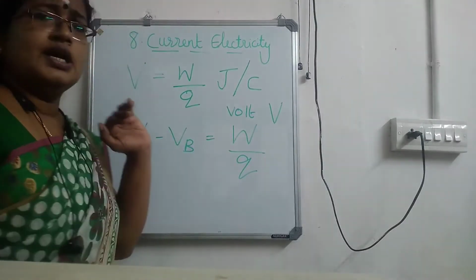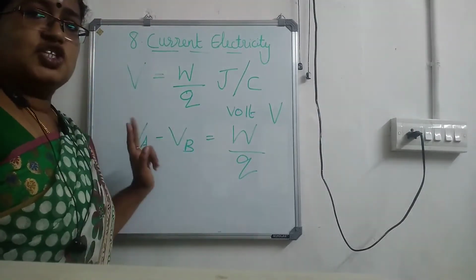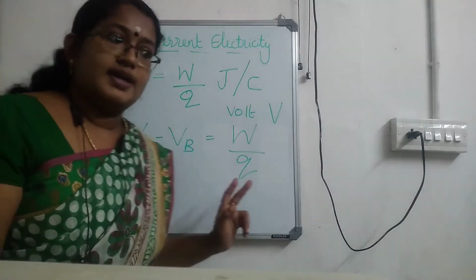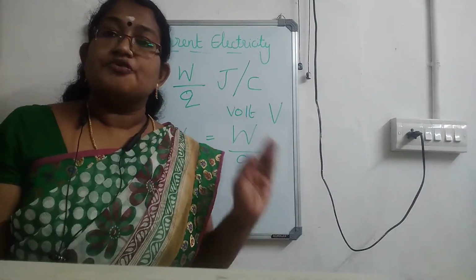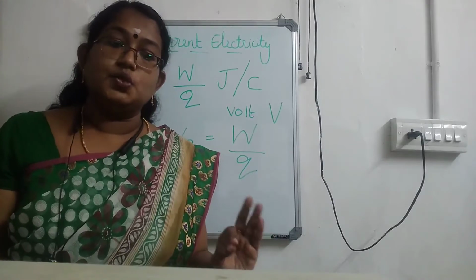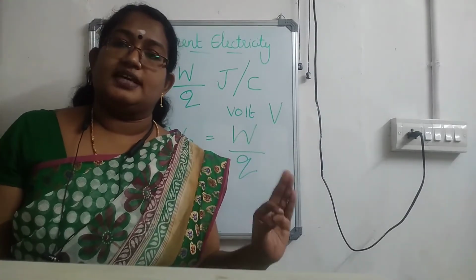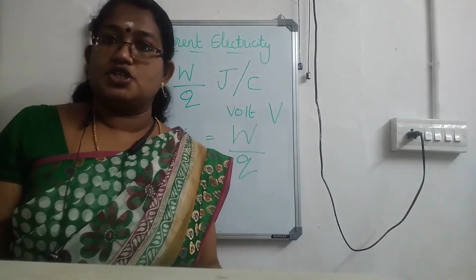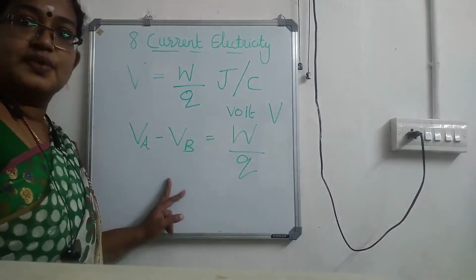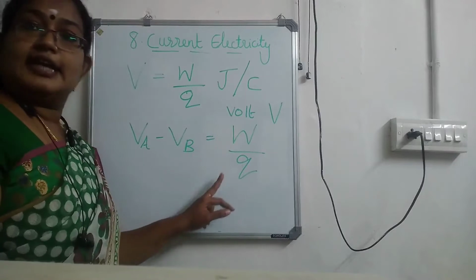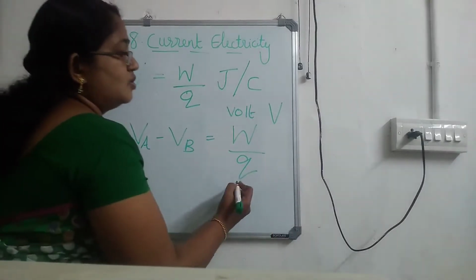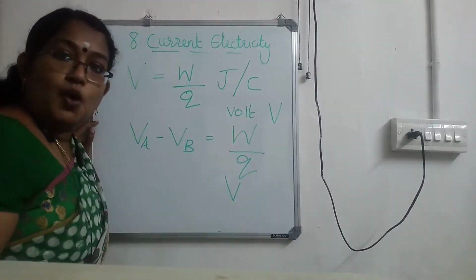So potential difference between 2 points is actually the work done to move a unit positive test charge from one point to another. How much work is done? That is why W by Q. So here also, what is the unit? It is volt.